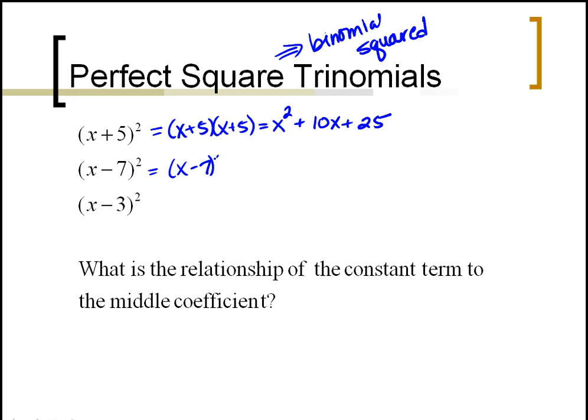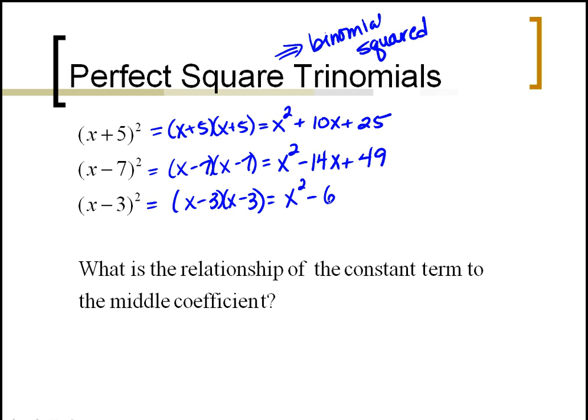X minus 7 squared is x minus 7 times x minus 7, or x squared minus 14x plus 49. X minus 3 squared is x minus 3 times x minus 3, and it's x squared minus 6x plus 9.